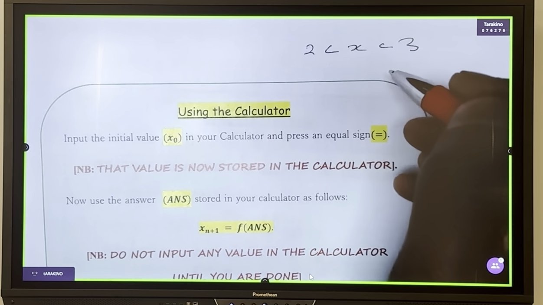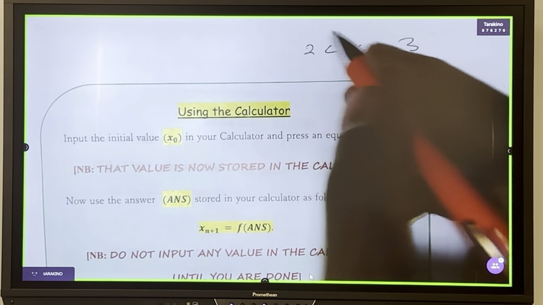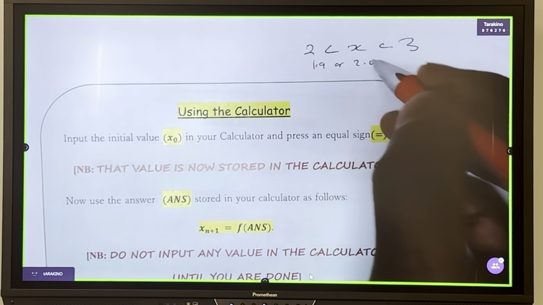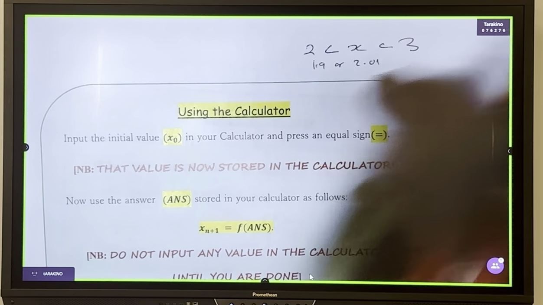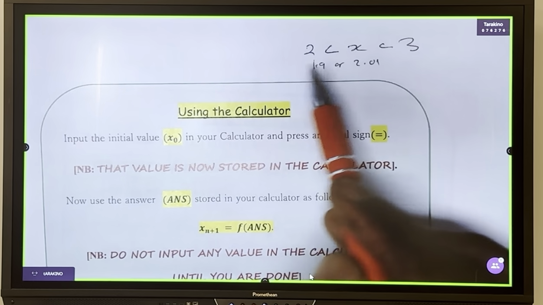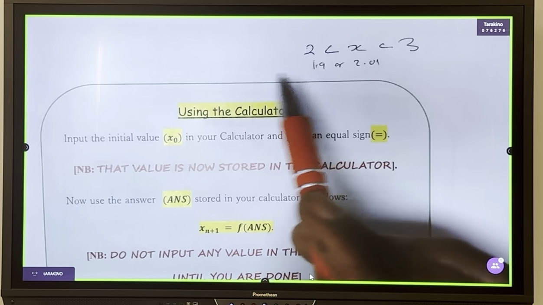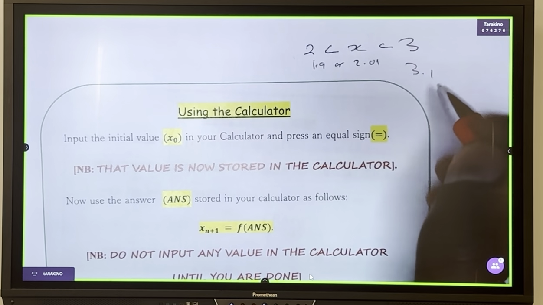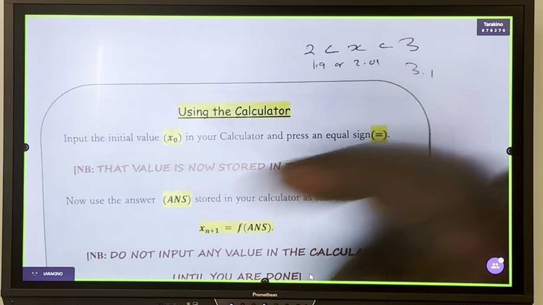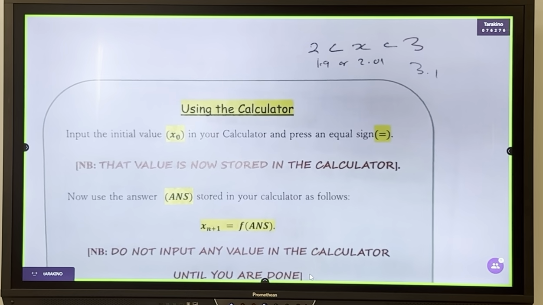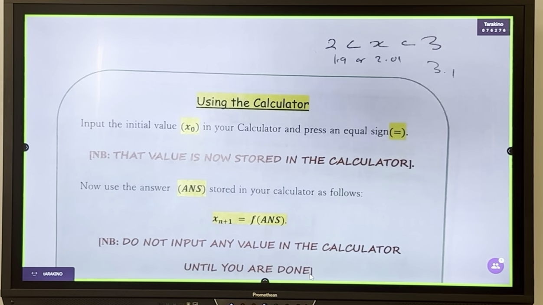Then you are asked to estimate the initial value. Obviously, you can consider 1.9, or you can consider 2.01, I mean, something that is near these roots here, right? Or even something that is in between, or 2.5, whatever, as long as it's within this range, or even 3.1, right? It is going to converge to the actual root when we continue to perform successive iterations, right? The more you perform the iterations, the closer we converge to the root.